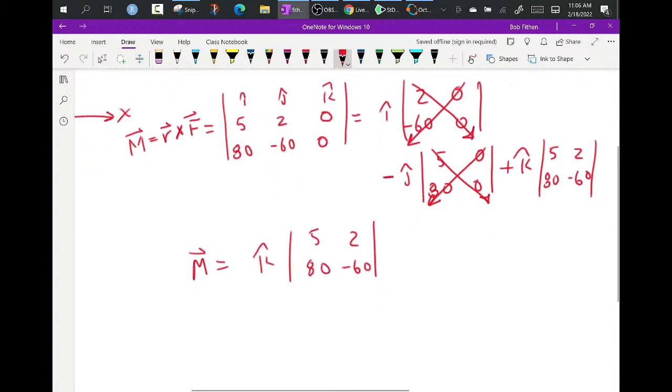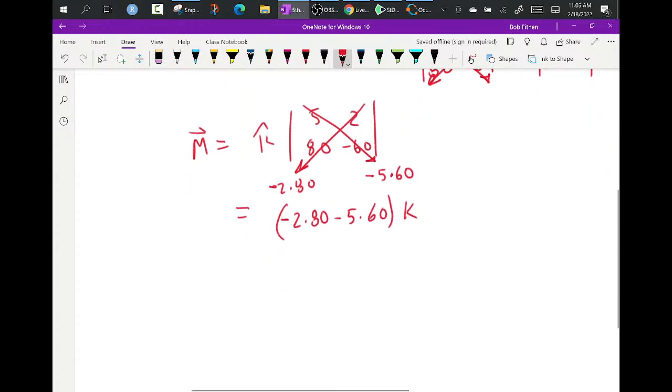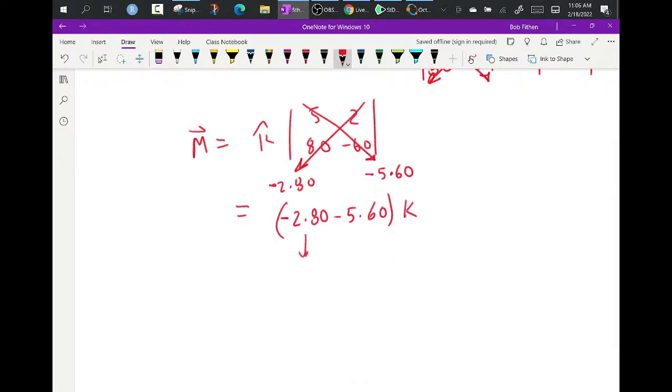It's going to give you minus 5 times 60 minus 2 times 80. So it will be equal to minus 2 times 80 minus 5 times 60 K. So minus 160 minus 300, minus 460 K.